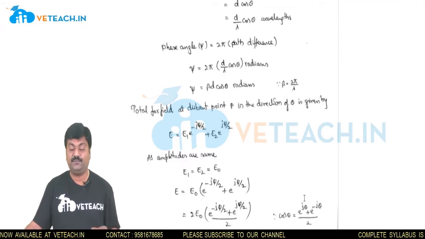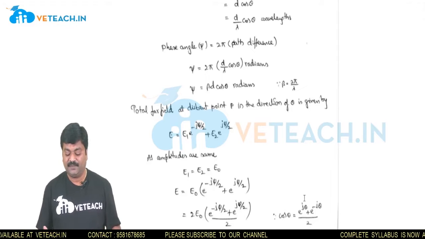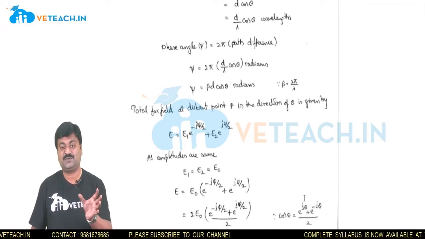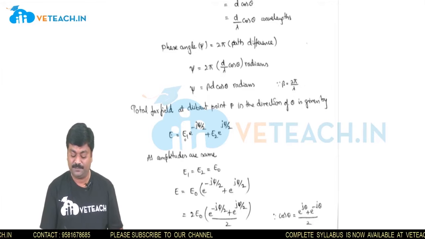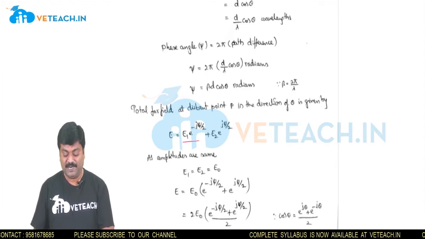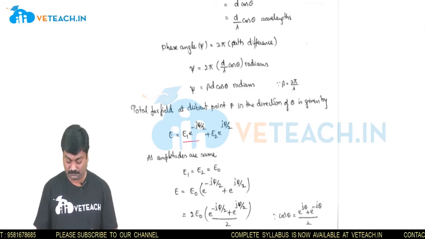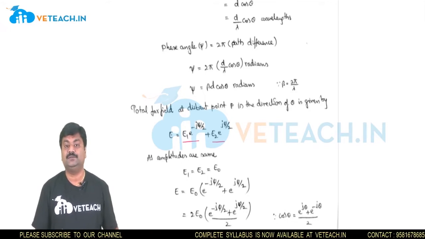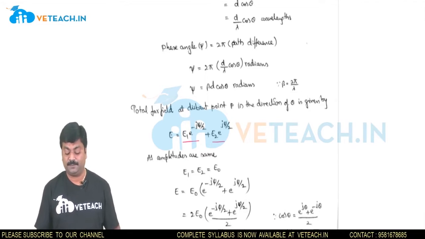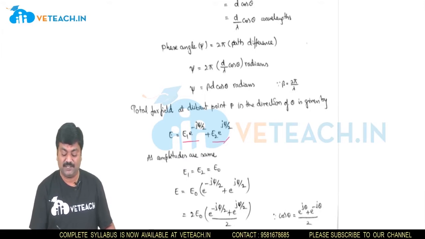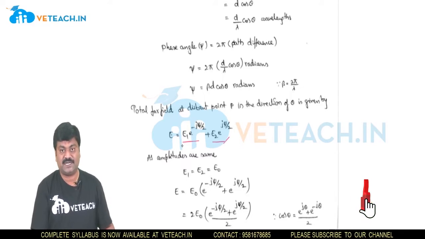the field pattern. When the field pattern is considered, as I placed the coordinates in opposite point sources in the opposite way, one will have E1 e power minus j psi by 2, plus the other one will have E2 e power j psi by 2, which means that one source is at a right angle and the other source is on the opposite side of it.